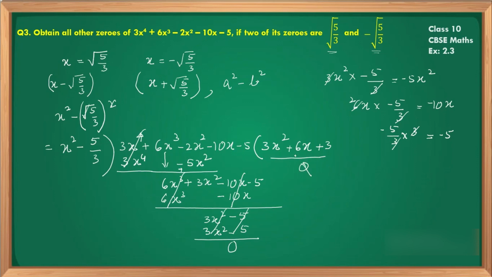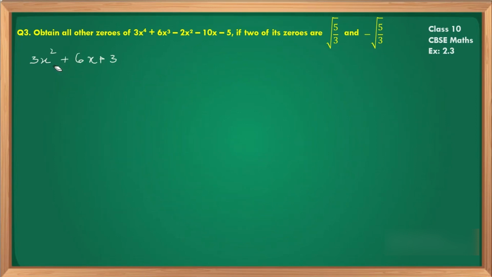The next step is to factorize this. Then you get the value of the other two zeros. We do that in the next page. Further, we are going to factorize 3x square plus 6x plus 3. To factorize this, we will take the coefficient of x square, that is 3, and the constant, and multiply that. 3 into 3 is 9.